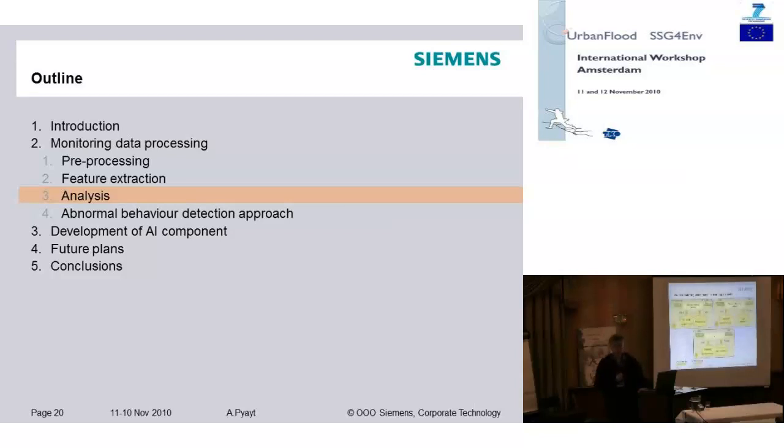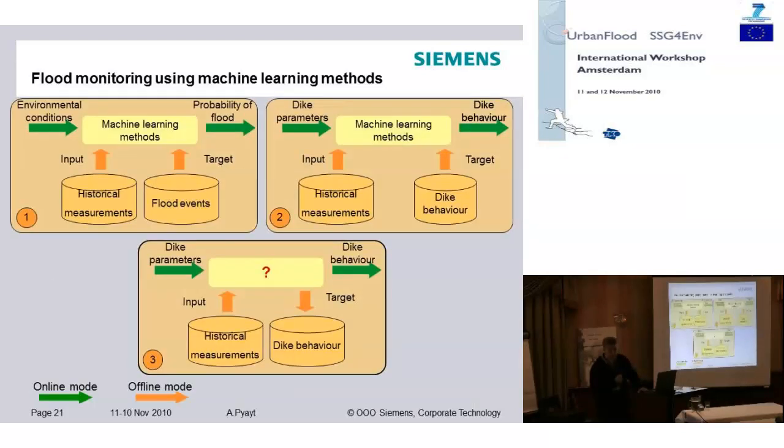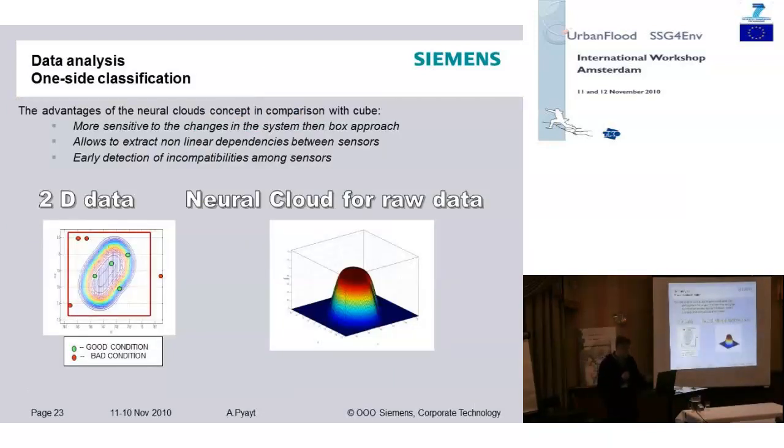Now I will tell you about method of data analysis which can help us to solve the problem of dike abnormal behavior detection if we have no patterns of abnormal behavior. It is so-called one-side classification approach. For example, neural clouds.